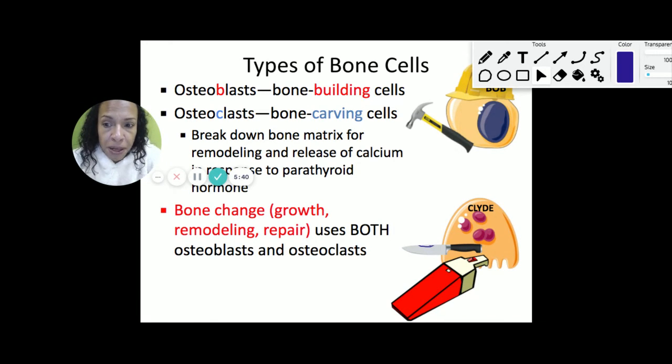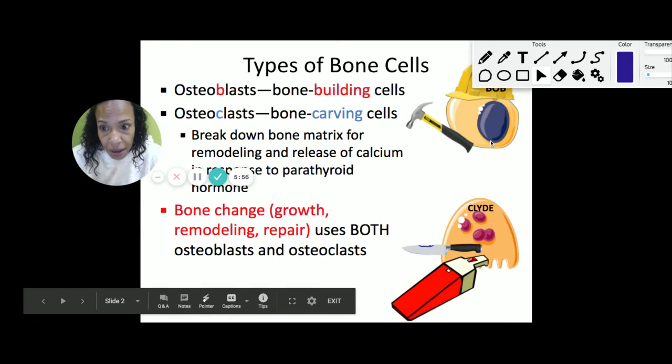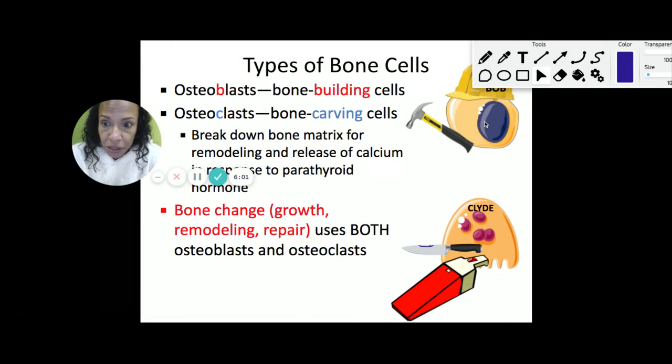We're never going to have a process in the body that is healthy and natural where we're using only one type of cell to alter bone. If we do, then we end up with disease and disorder. So all of our diseases and disorders have to do with imbalances in the amount of activity of these two cells. If you have an overactive builder, then your bone density is going to be too thick.